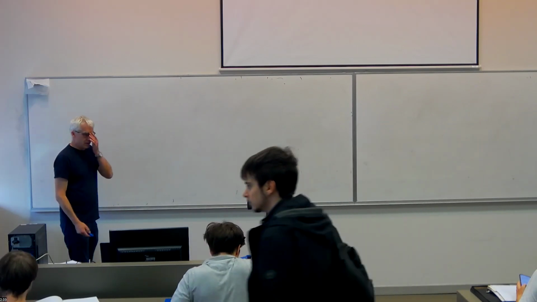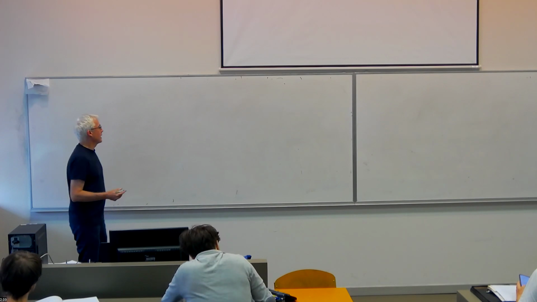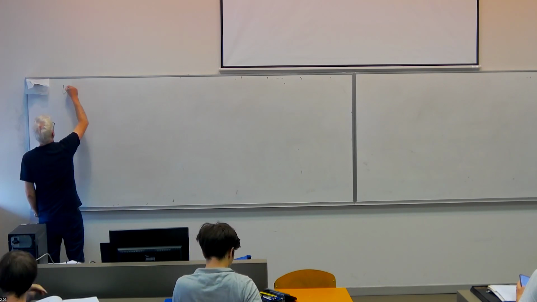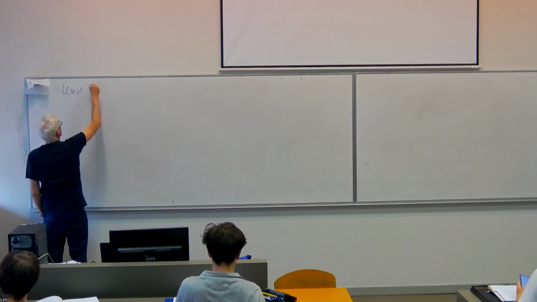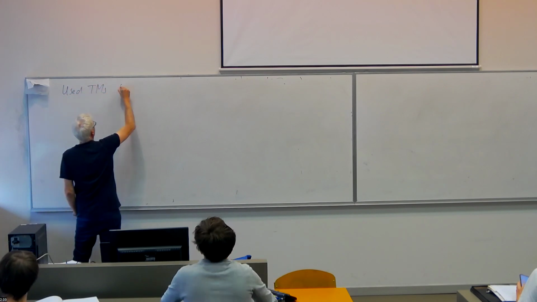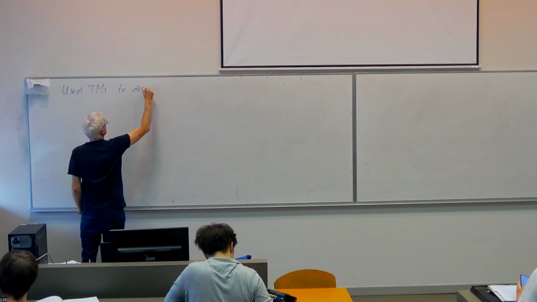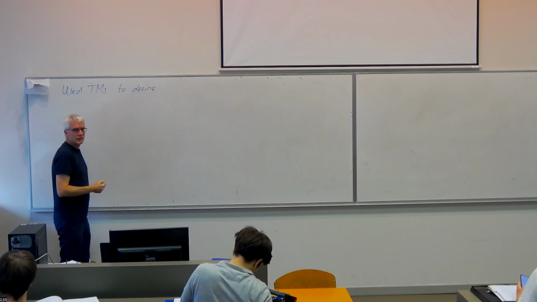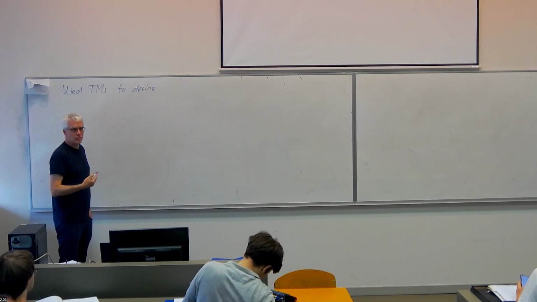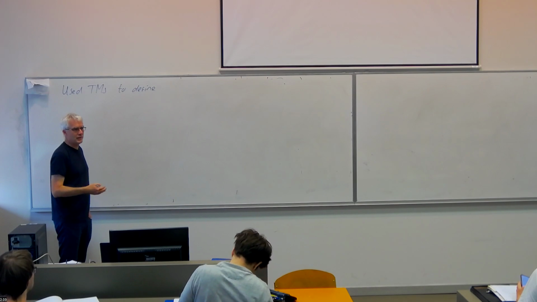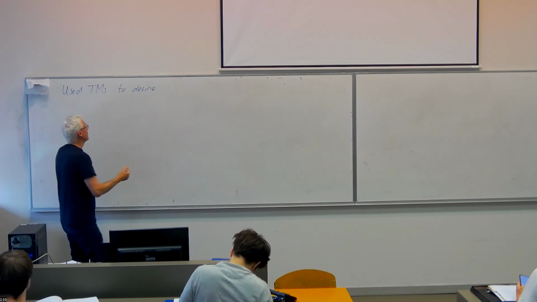Okay, so up to this point in the course, we've looked at Turing machines, and we've used Turing machines to define language problems and to classify whether they're decidable or semi-decidable, or even maybe neither.